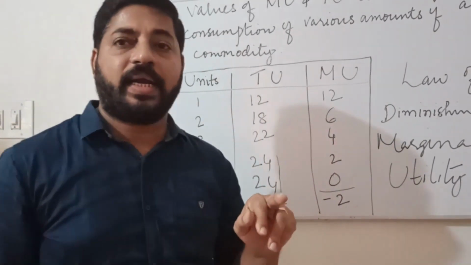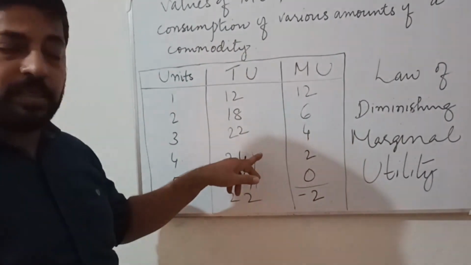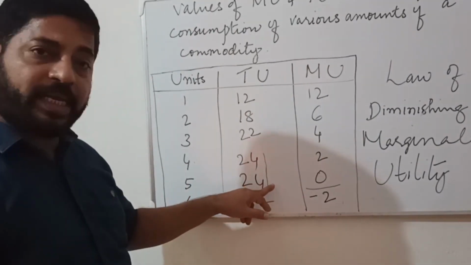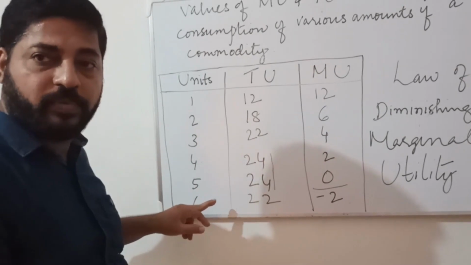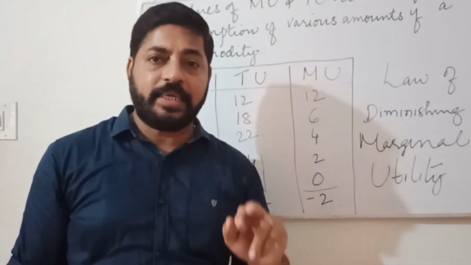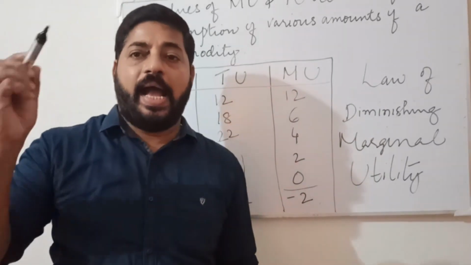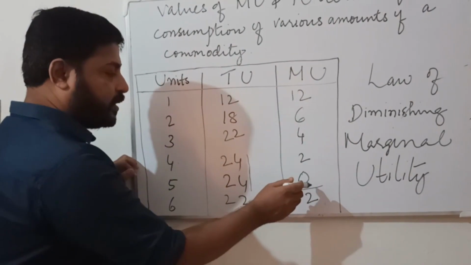while keeping consumption of the other commodities constant. For example, total utility 24, again 24, for units 4 and 5. Marginal utility becomes 0. At a level, total utility remains constant.